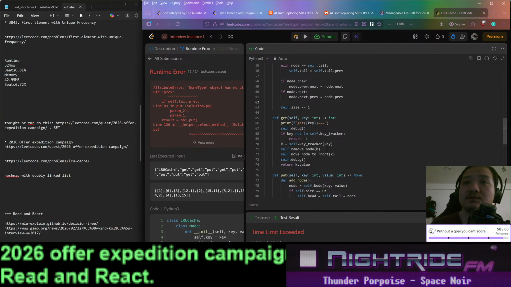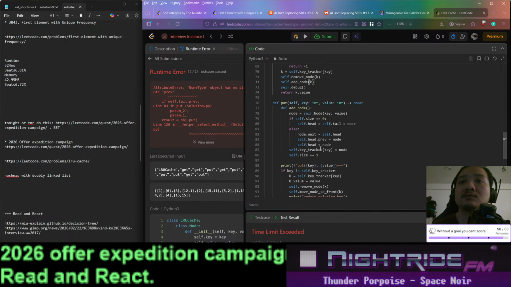So basically we remove node, add node, right? Okay, so we can remove this.